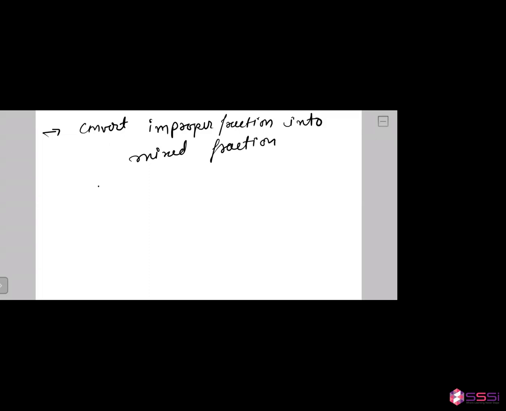Let's say an improper fraction in which the numerator is greater than the denominator. Let's say 42 by 11.